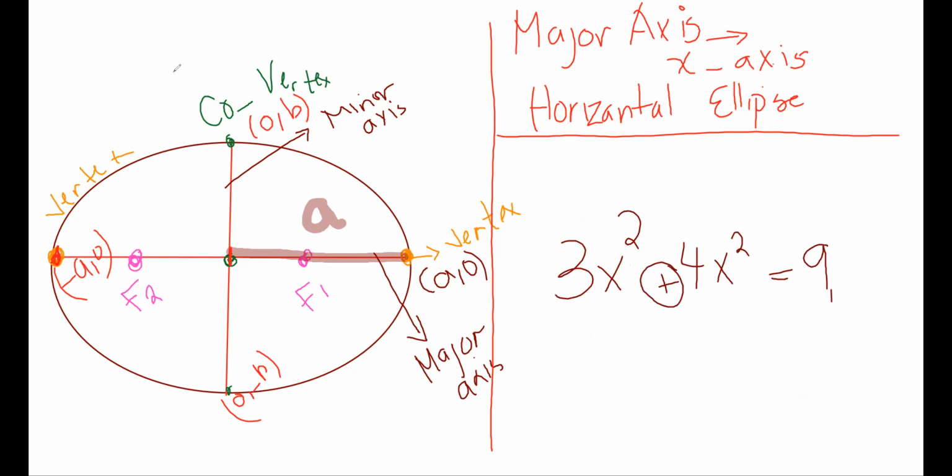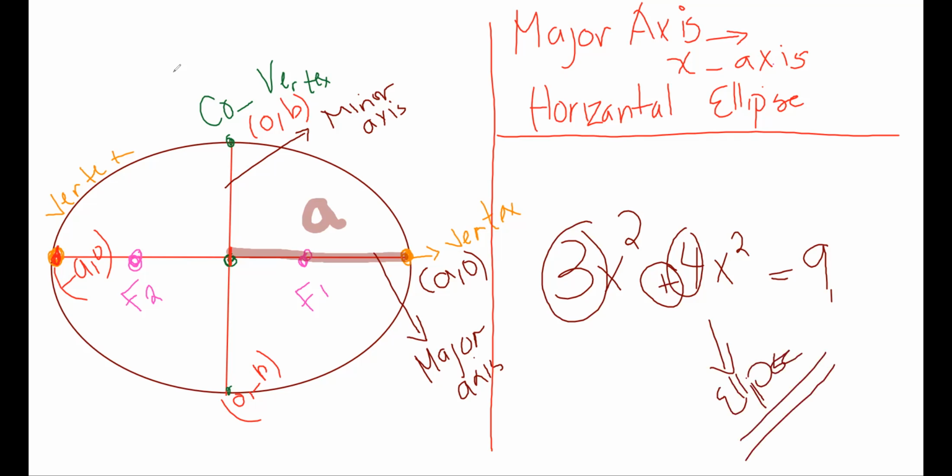If it's subtracted, I'm talking about another shape. If it is added and the coefficients are not equal, I'm talking about an ellipse. In the circle, the coefficients are equal. In the ellipse, the coefficients are not equal. This is the difference between the equations of a circle and an ellipse.